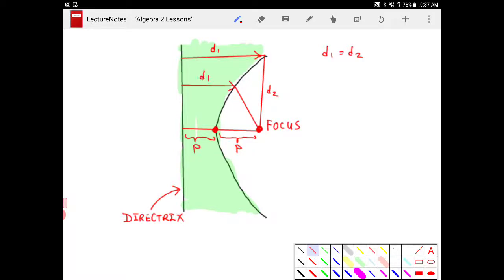So again, D1 and D2, and so on and so forth. All of these lengths have to be the same. And as you can see here, the shortest length for D1 and D2 is a length of P.